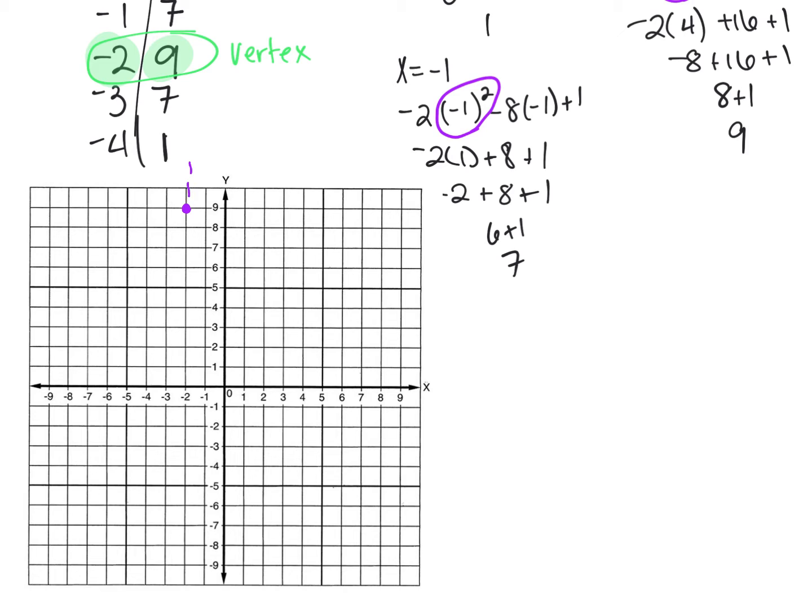I have an axis of symmetry through that vertex still. The graph, still a parabola, still has an axis of symmetry. Your domain and range are the same. What did I get when I plugged in negative 1? We got 7. And negative 3 was also 7.